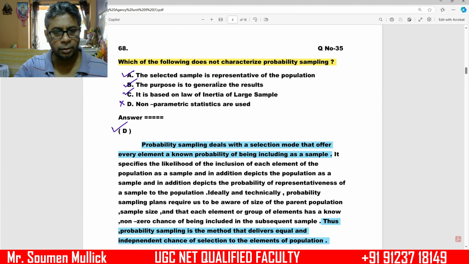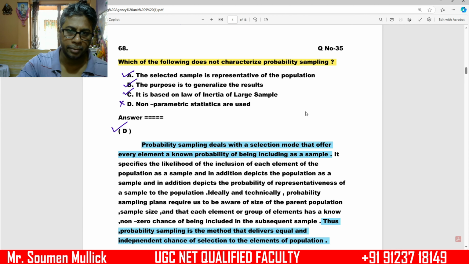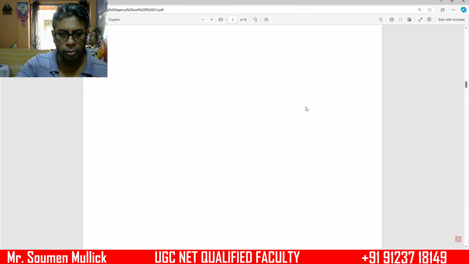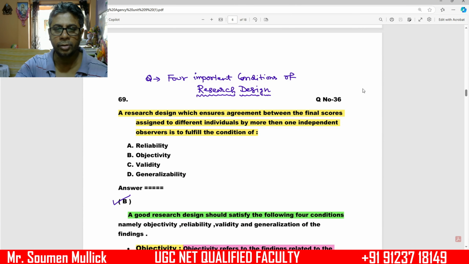Our next question, we move on to question number 36. This question is based on the important conditions of research design. There are 4 important conditions. This is a very important question about research design.